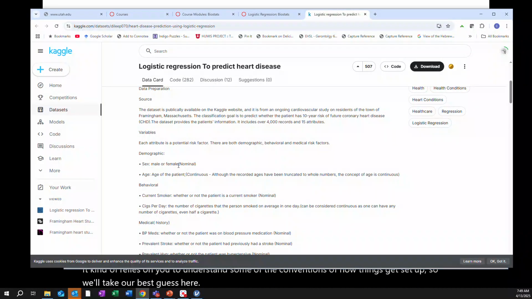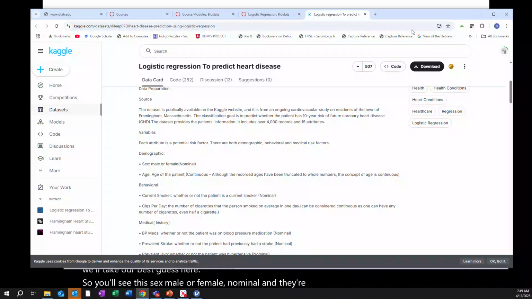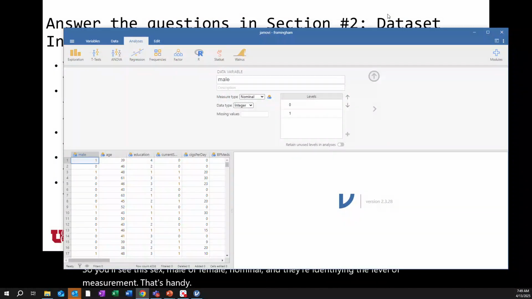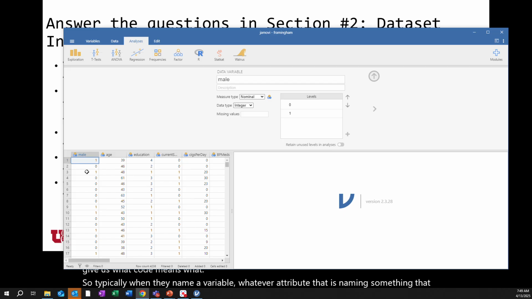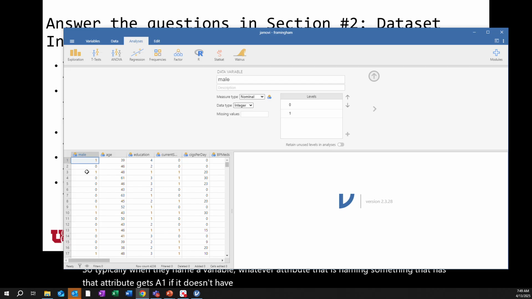So you'll see this sex, male or female, nominal, and they're identifying the level of measurement. That's handy in case you have a question. And although you'll notice they're coded with ones and zeros, and they did not give us what code means what. So typically when they name a variable, whatever attribute that is naming, something that has that attribute gets a 1. If it doesn't have that attribute, it gets a 0.